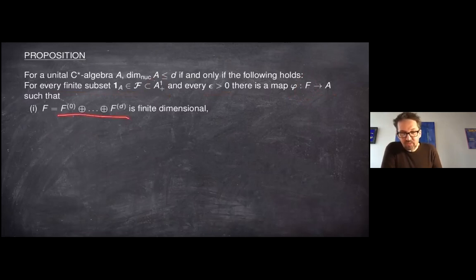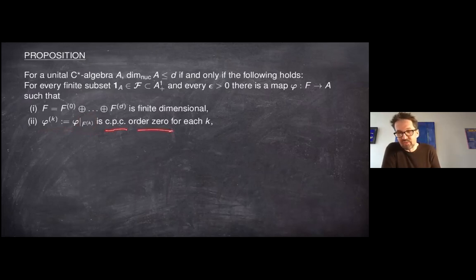Again, we want to be able to write F as a direct sum of d plus 1 C-star algebras, such that phi k, which is just the restriction of phi to F k, is completely positive contractive and has order 0, so it preserves orthogonality.